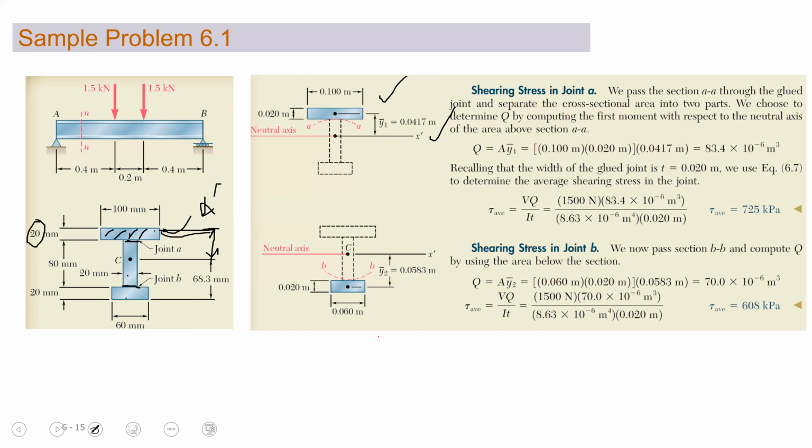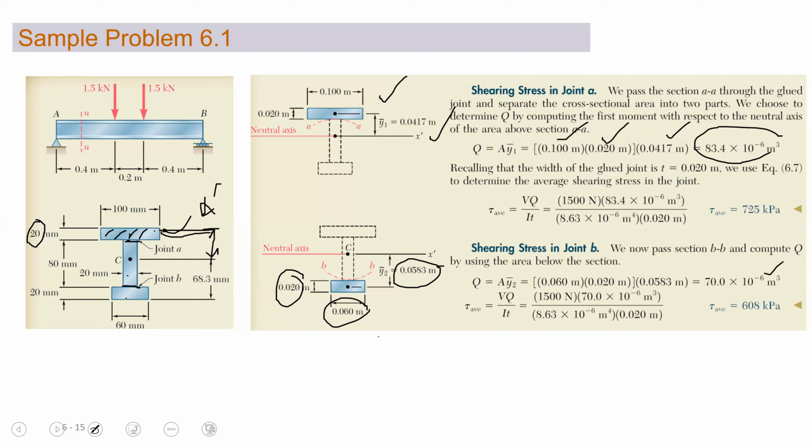So this point will be at 41.7 millimeter, or 0.0417 in meter. And the area will be 0.1 into 0.02. So area into centroidal distance, you will get this. Likewise, for the lower one, the area will be this multiplied by this, further multiplied by this. So this is your Q dash.